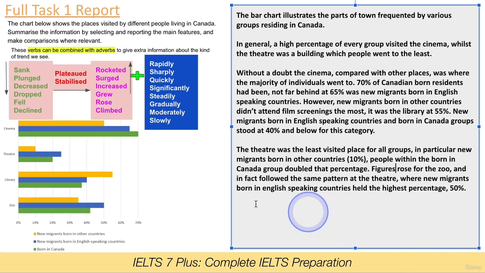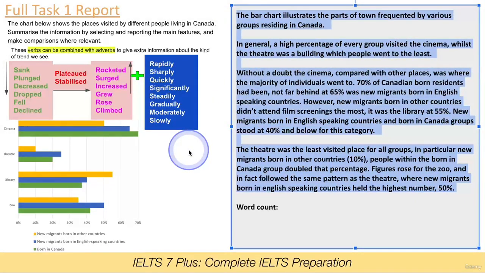Figures rose for the zoo and in fact follow the same pattern as the theatre, where new migrants born in English-speaking countries held the highest number, 50%. Okay, so we've tried to compare and contrast where it's relevant. We've grouped them together in logical groups here. I think we've given that a really good go, this question.